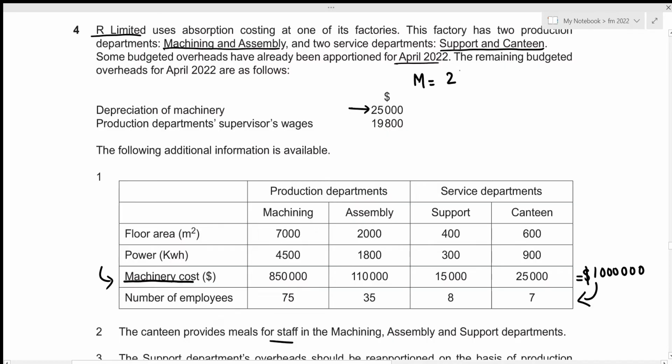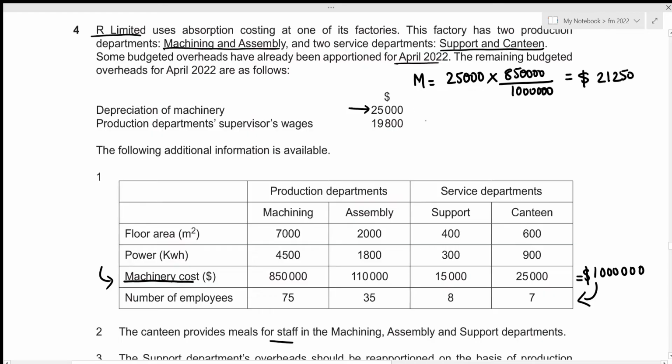So the total of 25,000, and we can see that out of the total machinery cost of 1 million, 850,000 belongs to machining department. So that's 850,000 divided by 1 million, which gives the depreciation of machinery to be apportioned in the machining department to have the value of 25,000 times 850,000 divided by 1 million, which gives the value of 21,250.